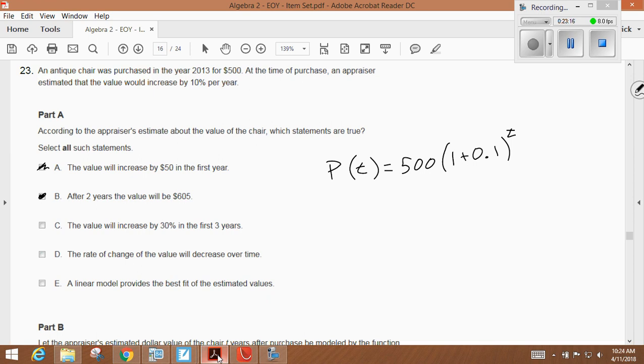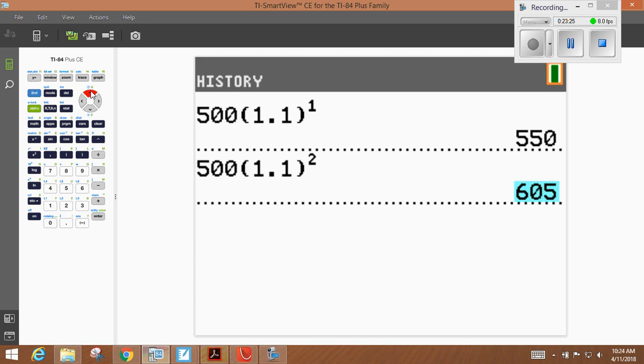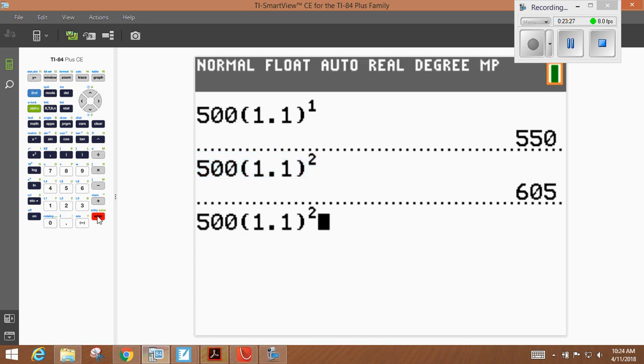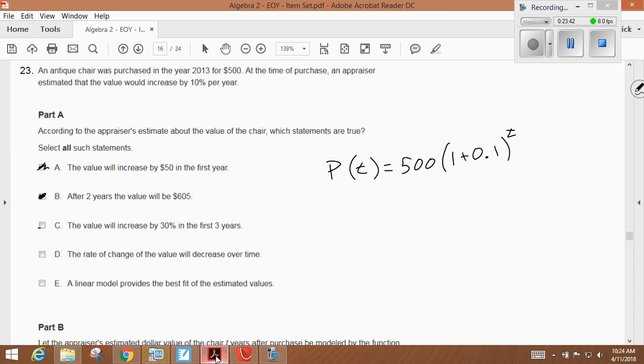So we need to see, hey, did it increase by 150 in 3 years? Let's go to our handy-dandy calculator and put 3 in. No. It did not. Right? It went up by 165.5. So this one's out.